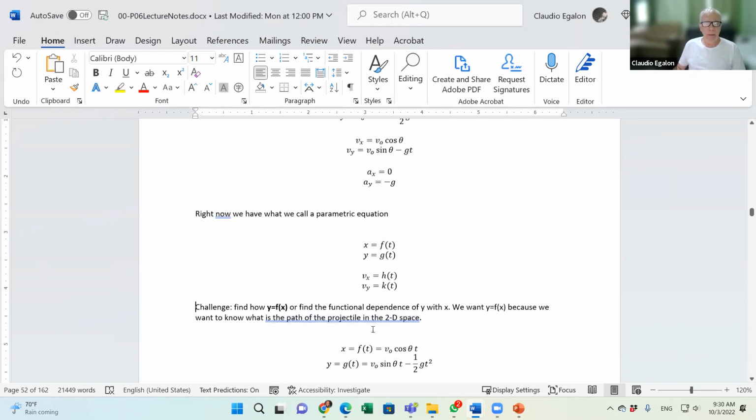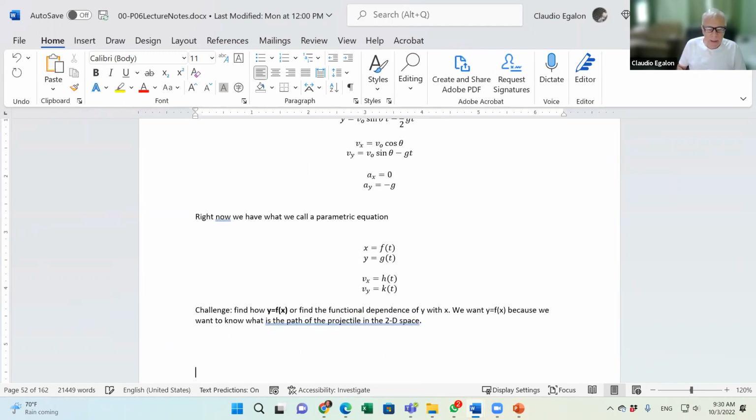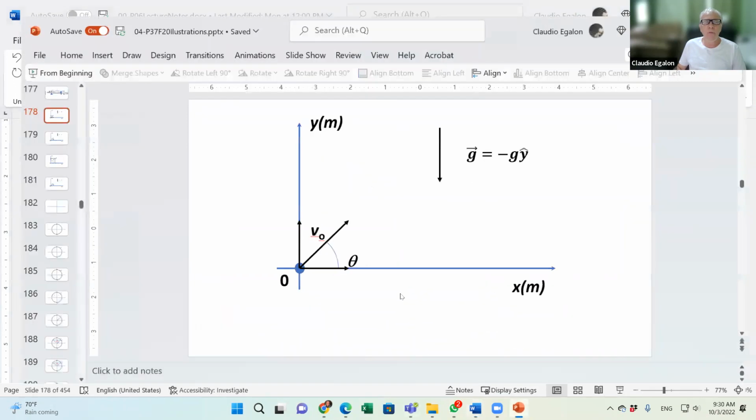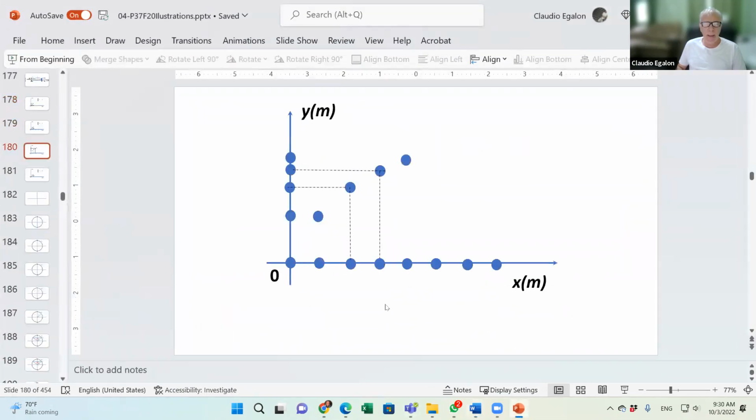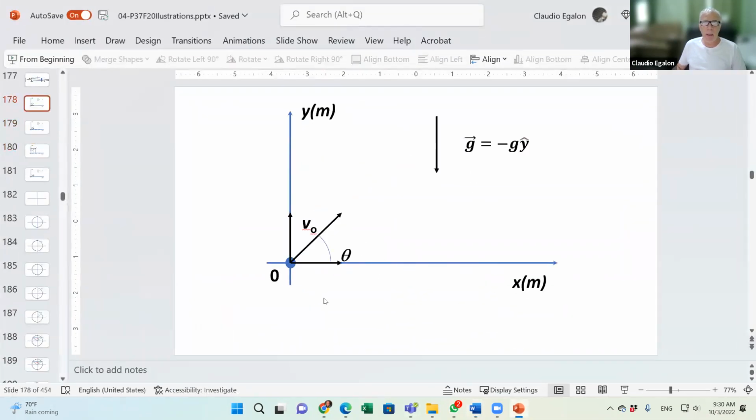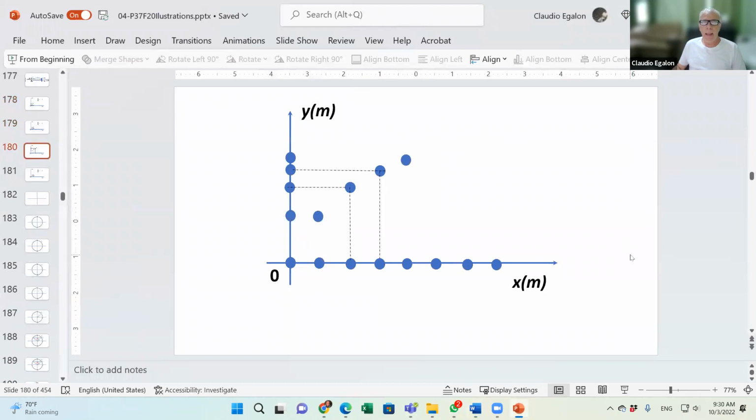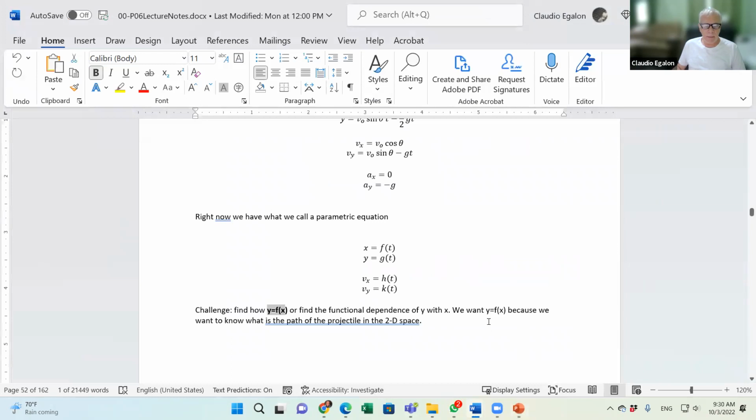How can we do that? Well, there's a way to do that. If you find out what y is as a function of x, then you find out the path of the projectile in the xy plane, and we can prove that it's going to be a parabola. Let's do that together.